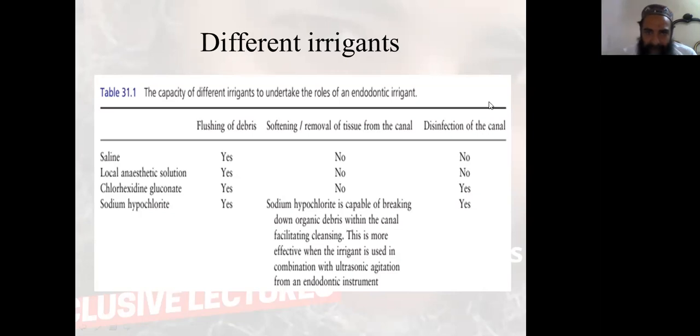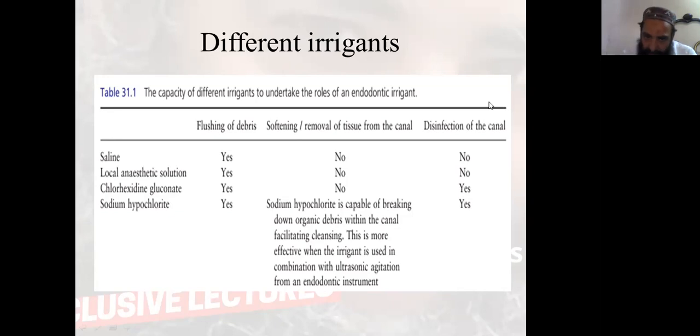Now, different irrigants and their role as an endodontic irrigant. Number one is saline. Flushing of debris, yes, it can. Softening, removal of tissue from the canal, no. Disinfection of the canal, no. Local anesthetic solution.